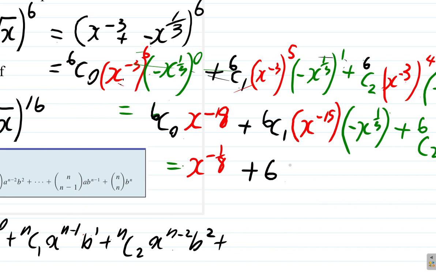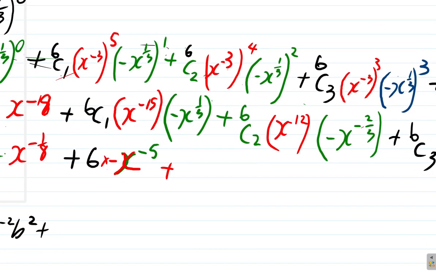What you're going to have is x to the negative 15 over 3, which is 5. All right? Plus, the next part now, 6c2.